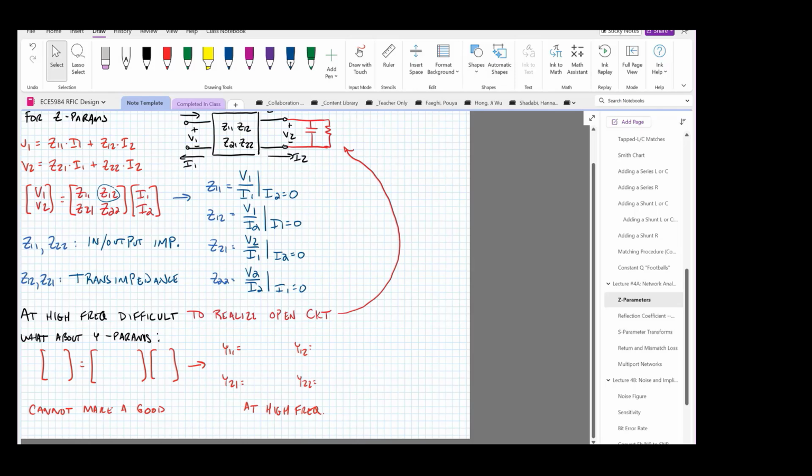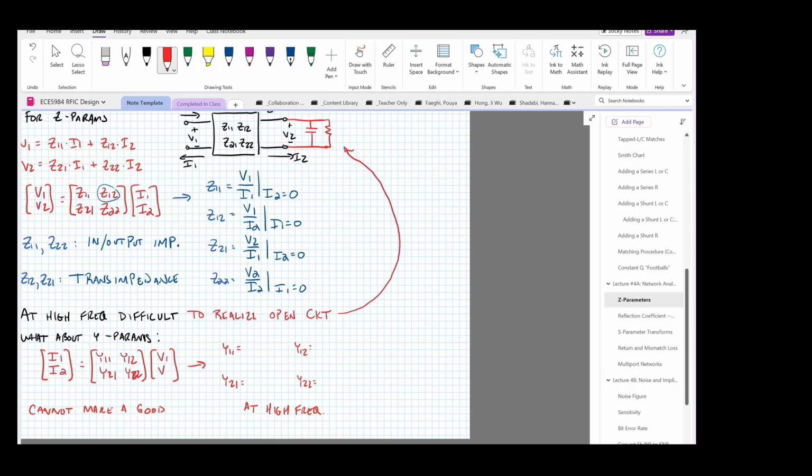Okay, now, well, we couldn't make an open circuit. Let's see what happens if we want to use Y parameters instead. Our Y network is just the inverse of the Z network. So we can say I1 and I2 are our outputs. Our network parameters are a set of Y11, Y12, Y21, and Y22.